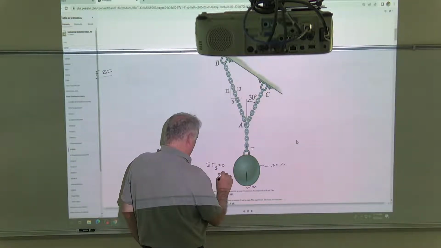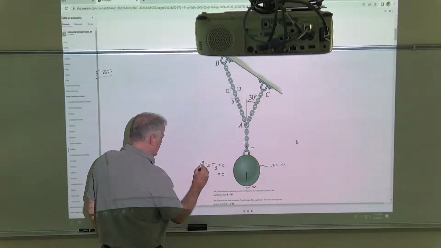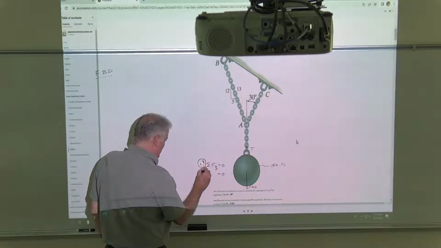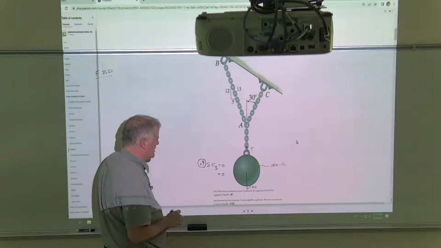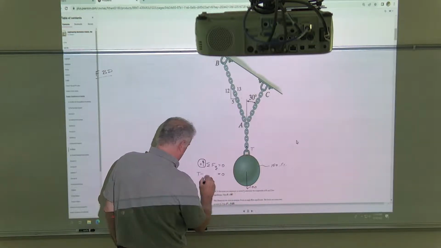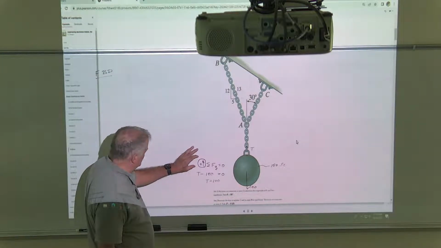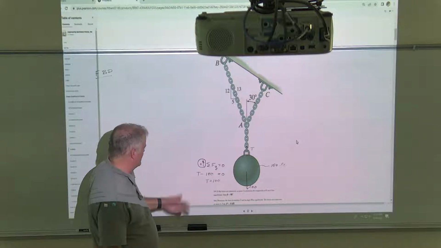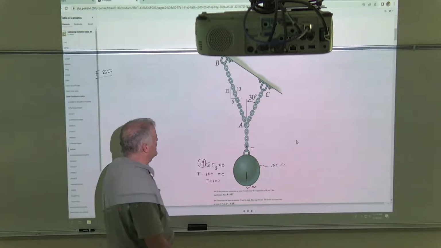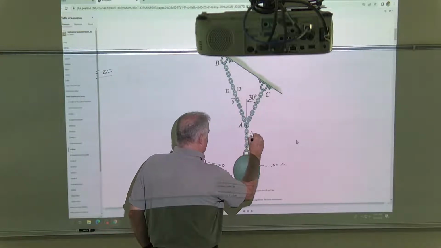And therefore, I'm going to pick a direction that's going to be positive. So therefore, this is tension minus 100 pounds, and therefore, the tension is equal to 100. So I'll be real rigorous on this for right now. That tells you that's 100, but you would already have known that.